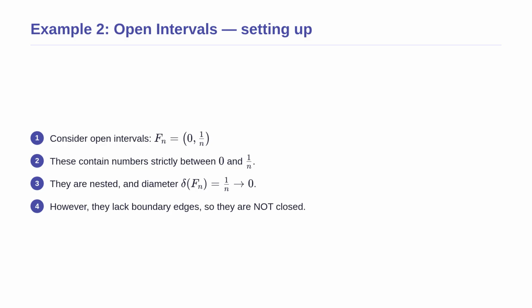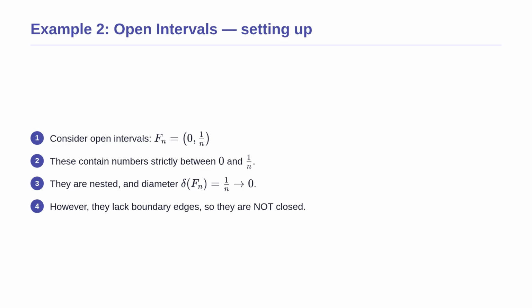It is crucial to understand why every single rule in a theorem matters. What happens if our sets are not closed? Let us look at a second example, using open intervals, written with round parentheses. The set Fn is the open interval from 0 to 1/n.